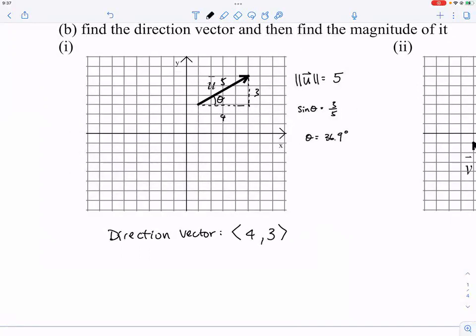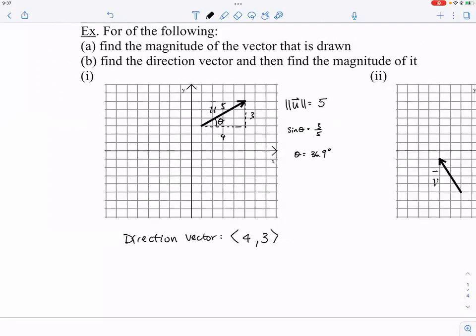It's moving to the right 4 units and up 3 units. That's how we write down our direction vector.